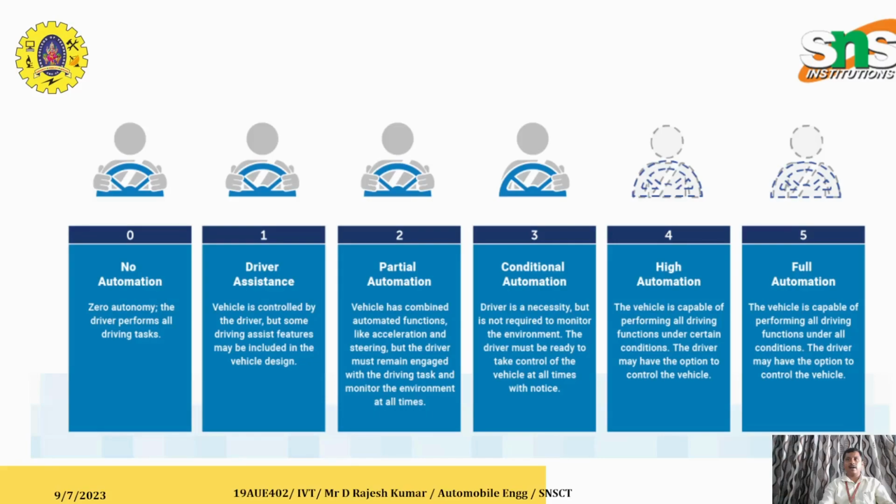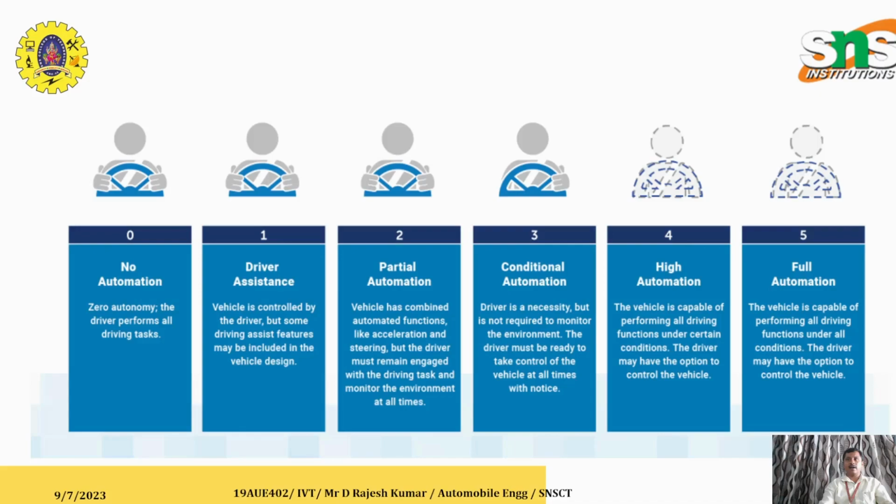So the different levels you can see here. The driver with the steering is the logo that is used in all the levels of autonomy, from the zeroth level up to the last level. The system is equipped with certain conditions.